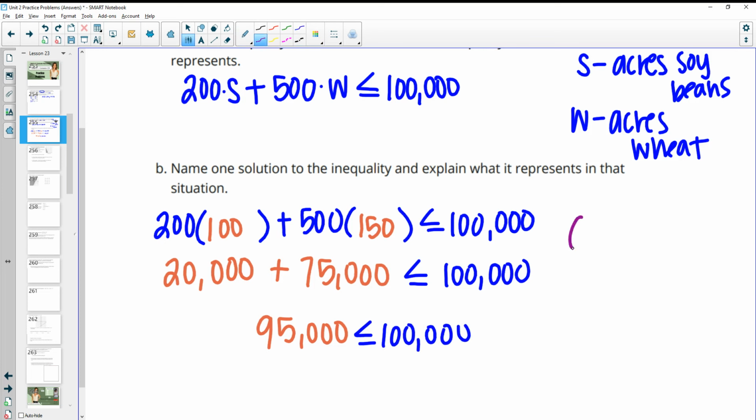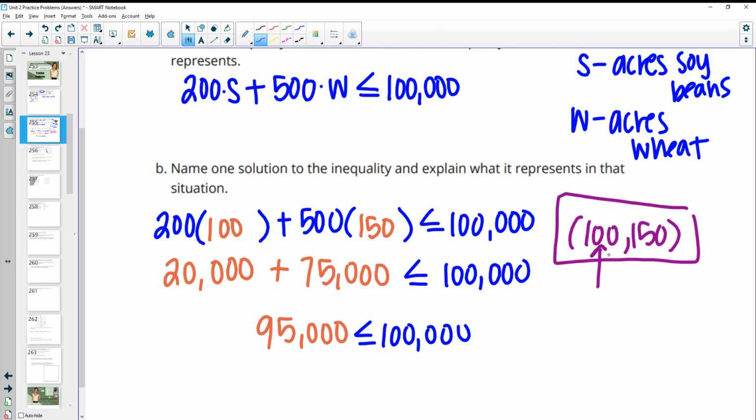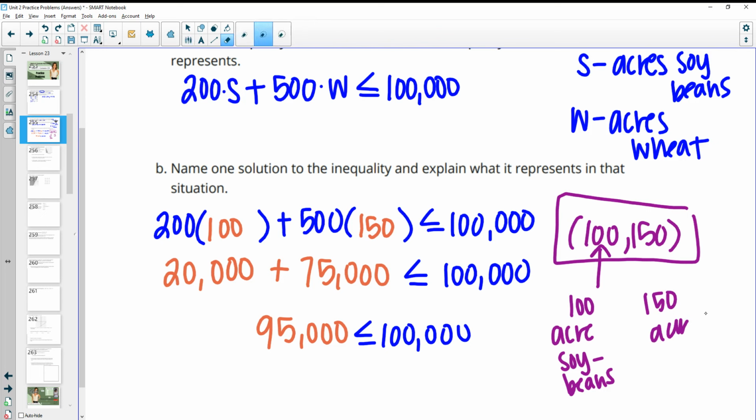So 100, 150 is a solution. So this one works. And then what it represents in the situation is that I planted 100 acres of soybeans and I planted 150 acres of wheat.